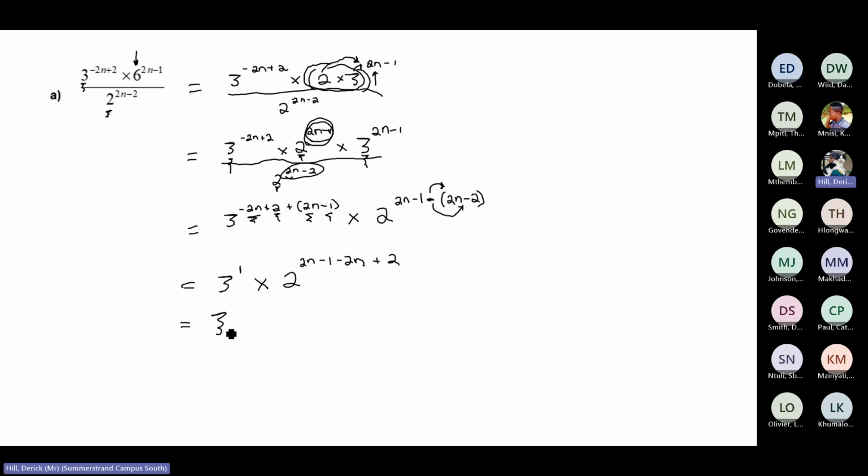And finally, I can complete that simplification, which will give me 3 times 2. Now we have 2n minus 2n again, so that's 0n. And then I have minus 1 plus 2, which is 2 minus 1, which is 1. Which is 3 times 2, which is 6.